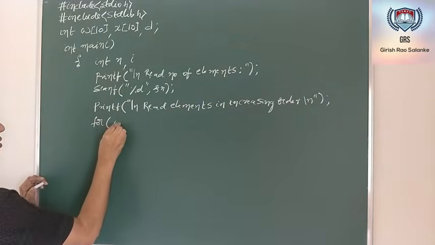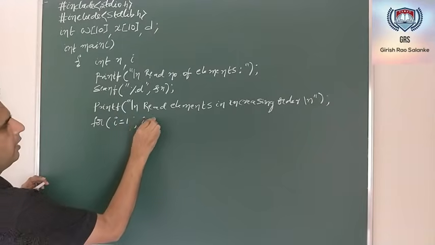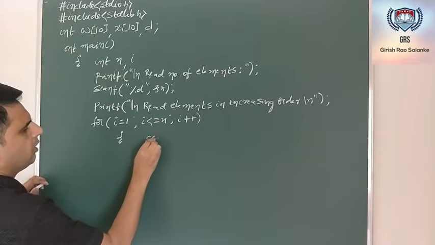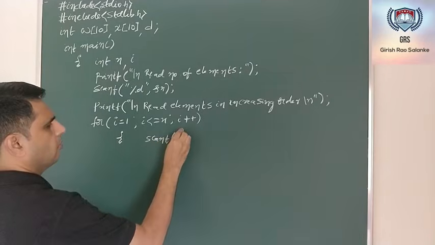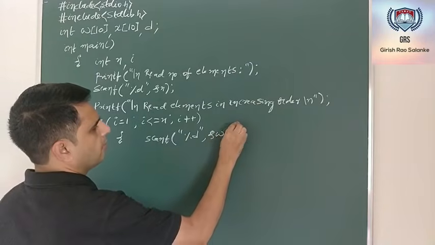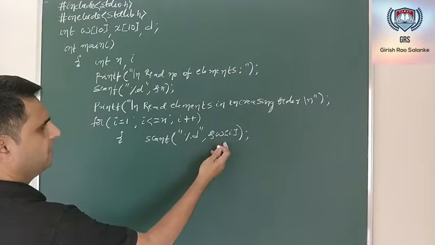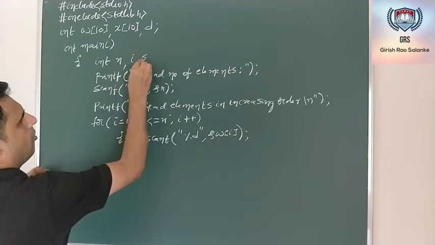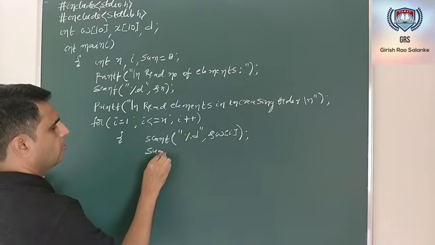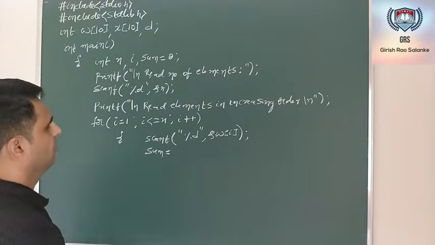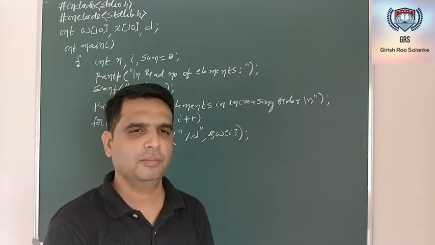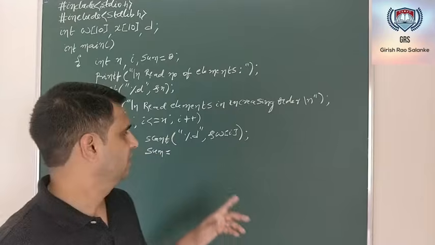I take a for loop for i equal to 1, i less than or equal to n, i plus plus, scanf percentage d ampersand of w of i. Now while reading w of i, I will add those elements onto sum, so that when I call my sum of subset function, the last argument should be this sum variable.